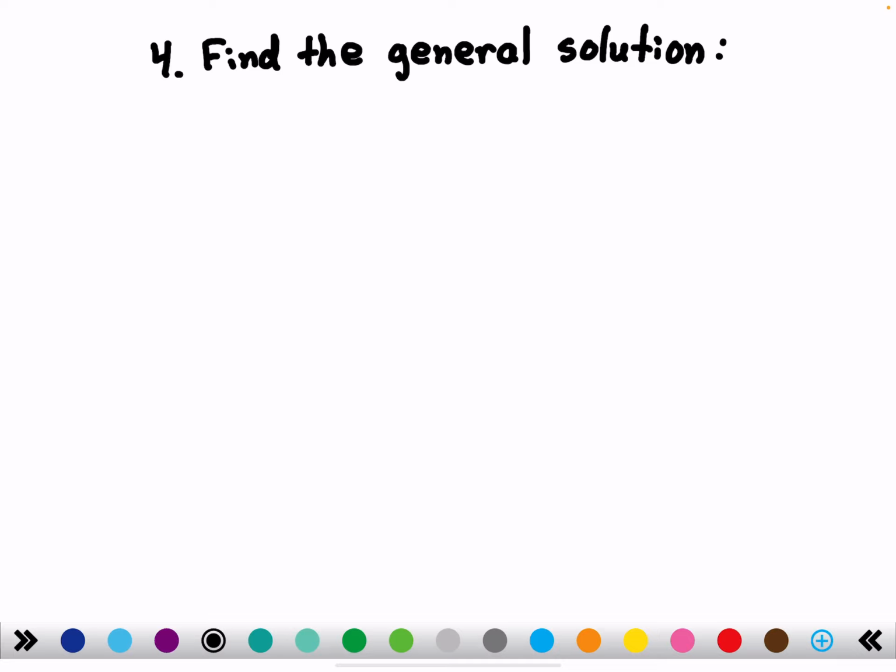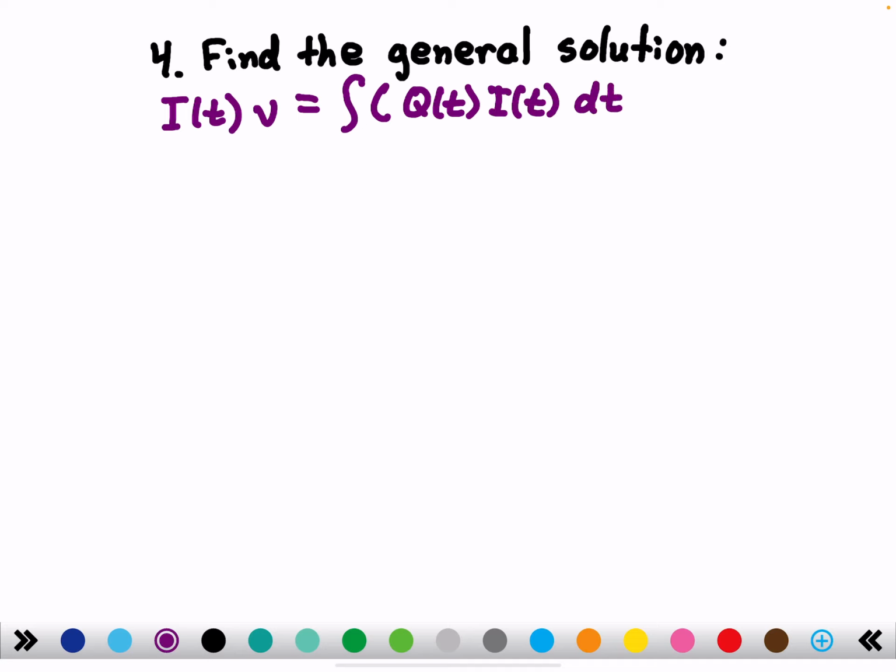Number 4, find the general solution. And the general solution is found by using the formula I sub t times v equals the integral of q sub t times I sub t dt plus c.